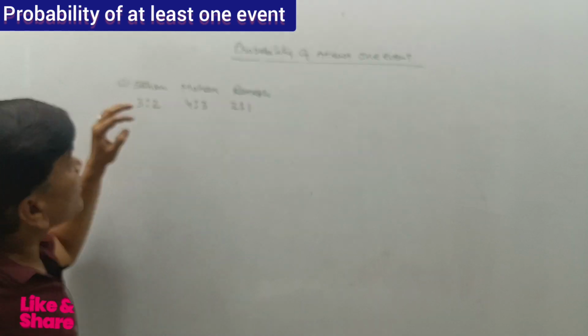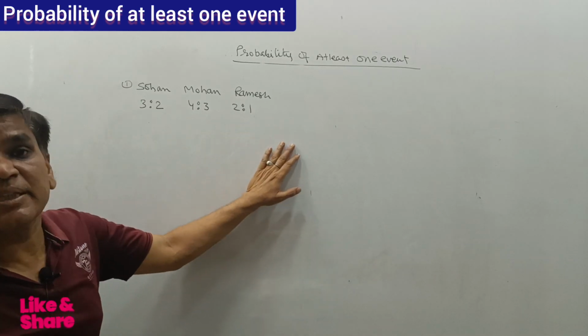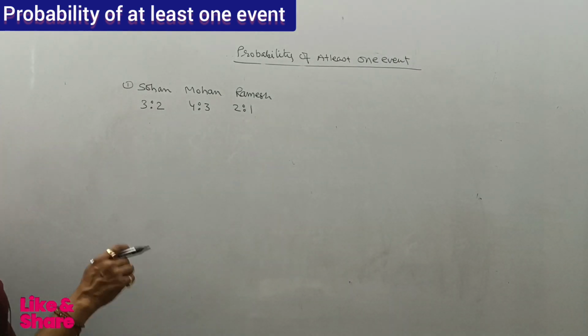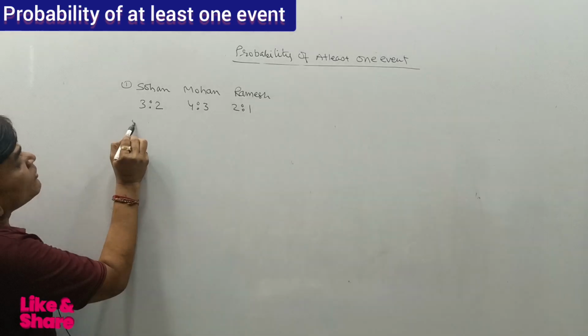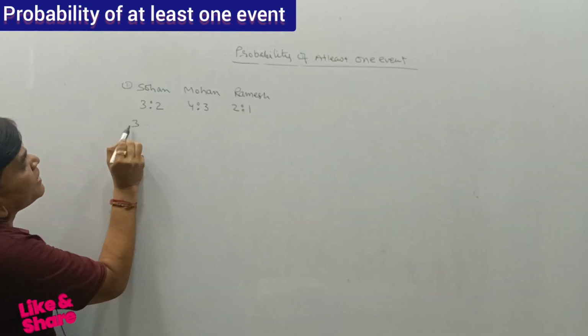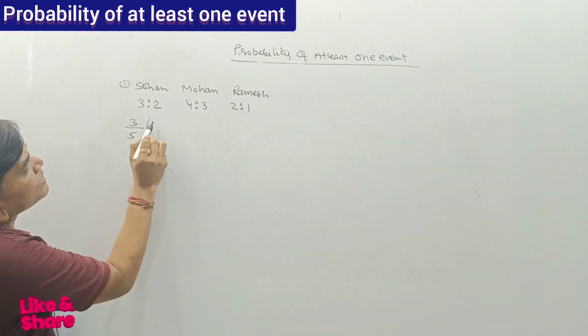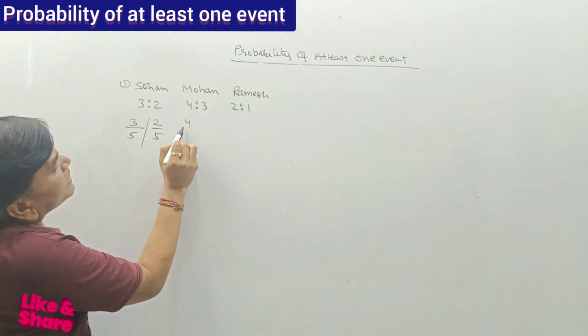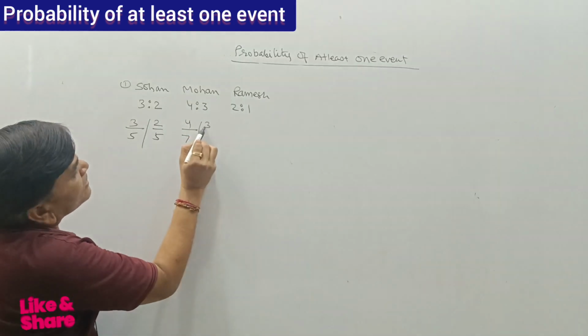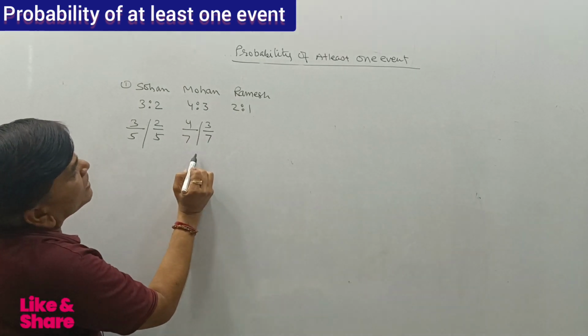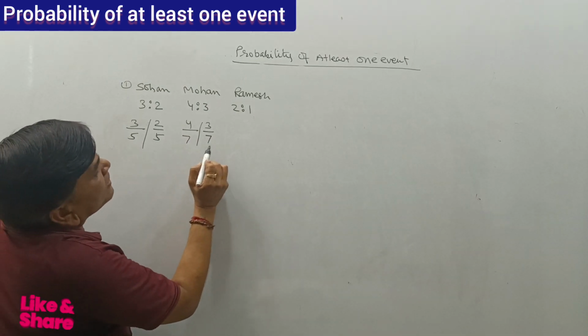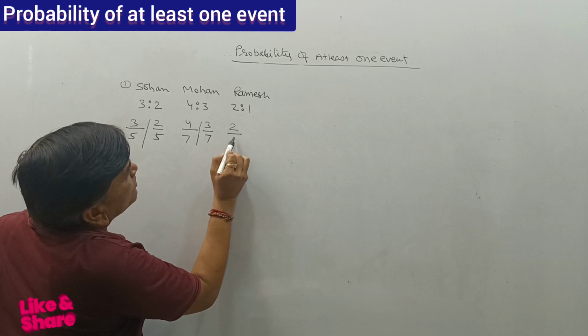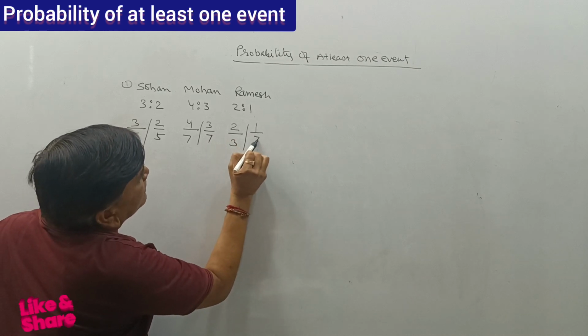The problem will be solved if any of them solves it. So the probability of solving by Sohan is 3/5, not solving is 2/5. The probability of Mohan solving is 4/7, not solving is 3/7. The probability of Ramesh solving is 2/3 and not solving is 1/3.